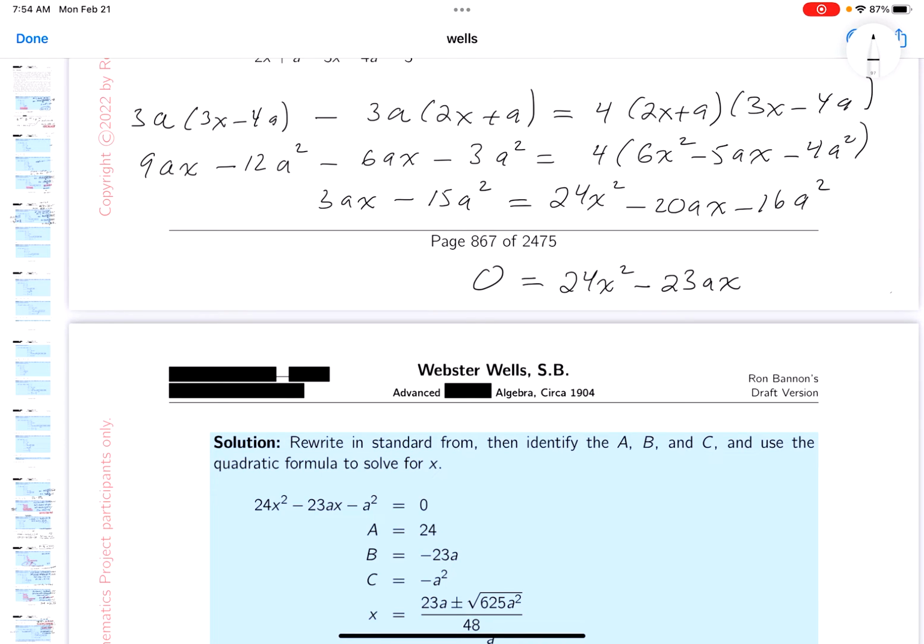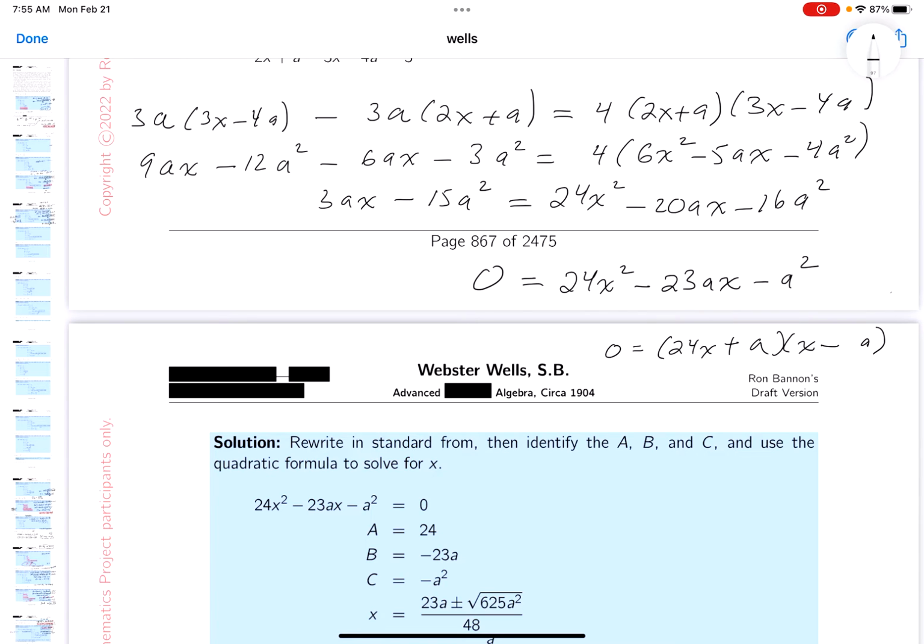And then you're going to get minus a squared. I think you probably know by now I'm going to factor it, all right? So if it doesn't work, it doesn't work. But let's write this down. And I got to try it, right? So I'm kind of looking at it, and I'm going to say 24x and x and a, minus plus. And let's see if that works.